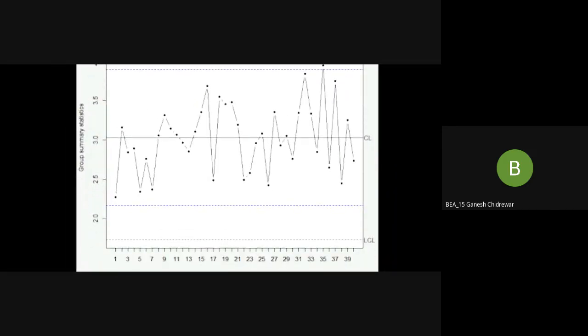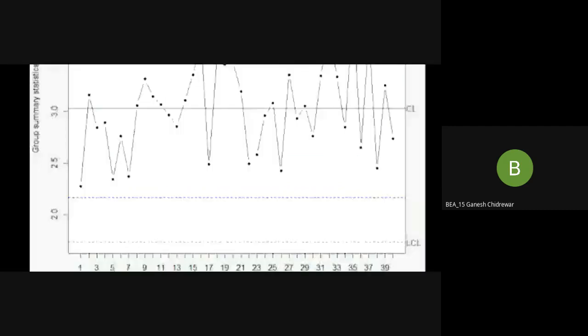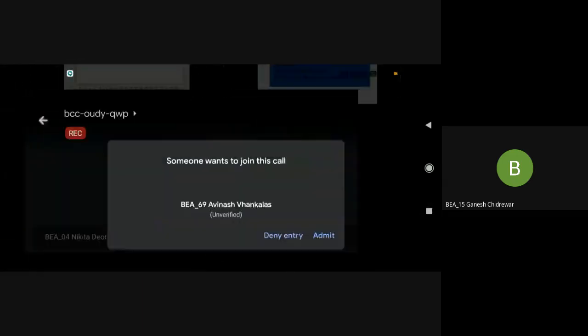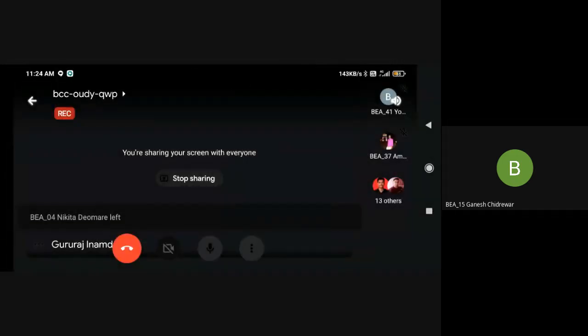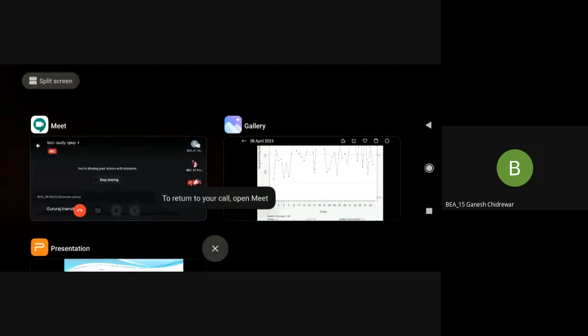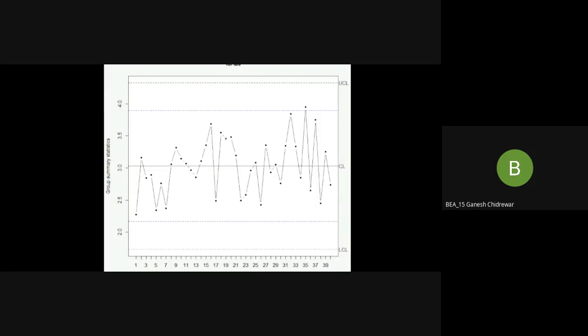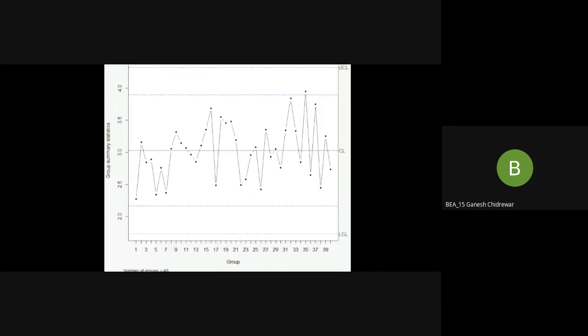Here is the group's summary statistic, whatever the limits are there. So this is the X chart. What are their control limits? Lower control limit and upper control limit are there, and some readings.